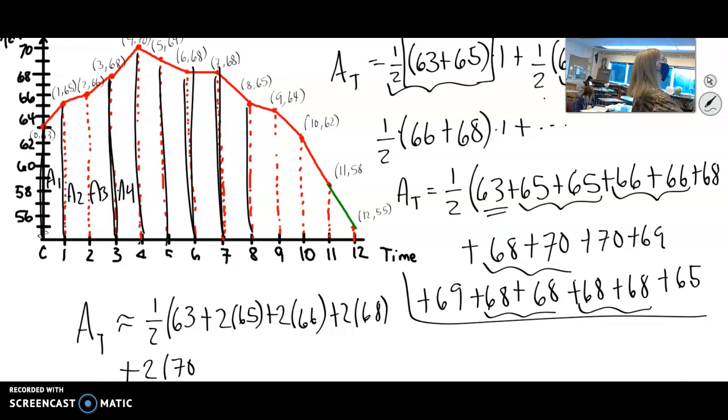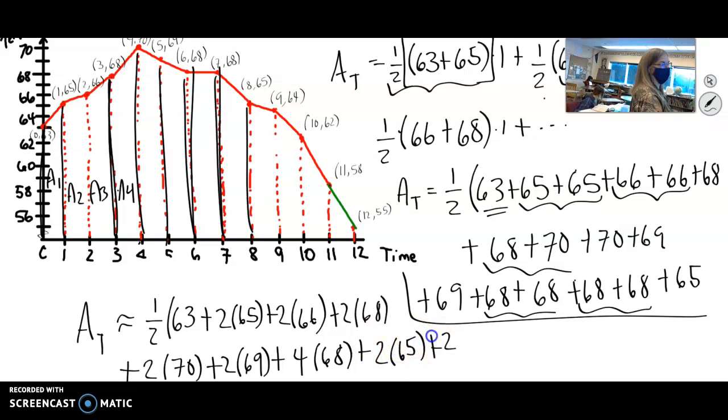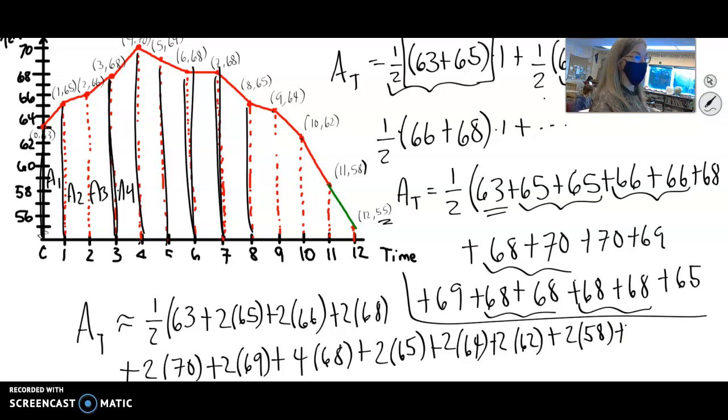Plus 2 times 69. This will make things a lot less tedious. Plus 2 times 68, and 2 times 68 again, so to shorten that, I can go 4 times 68. Plus 2 times 65. Plus 2 times 64, going through each of these bases. Plus 2 times 62. Plus 2 times 58. The last one, however, is only going to show up once, just like the initial one did. So then I'm going to just go plus 55.